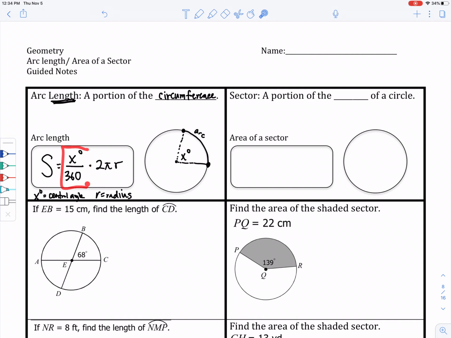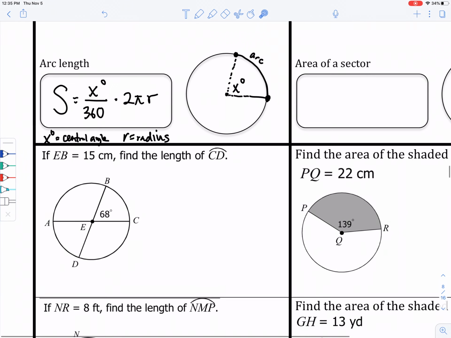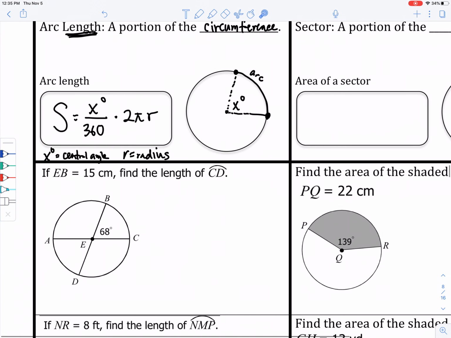If you actually took this fraction, think of it as a percentage of the whole circumference. 360 is your total, and we only want the chunk that we're looking for, which is going to be identified by x degrees. So we'll see how that looks in our example problems. Okay. So the two things we really need are the radius and the central angle if we can find it.